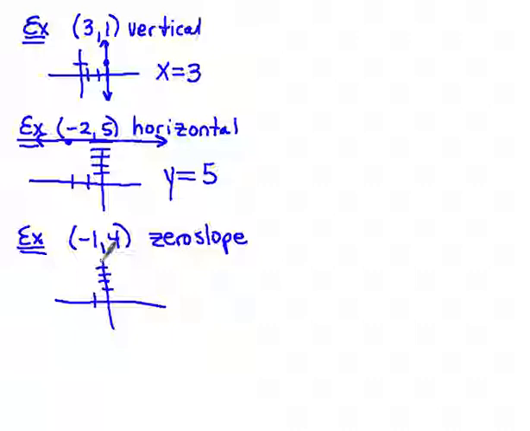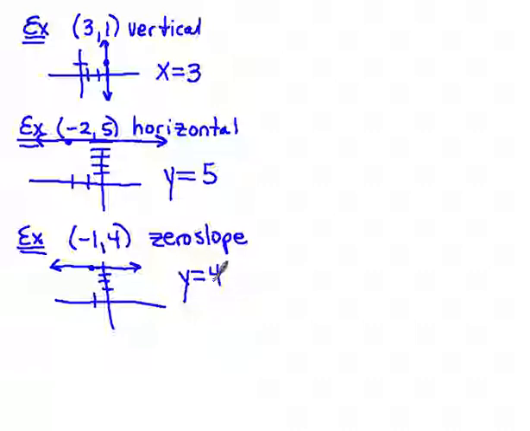Sorry about that. Negative 1, 4 with 0 slope. Now, here's where you have to remember some things. 0 slope means it is not rising, it just keeps running. So, if it's not rising and keeps running, it's a horizontal line. So that we know through the point negative 1, 4, it is a horizontal line, which means that it crosses the y-axis. And where does it cross the y-axis? It crosses it at 4, so we have y equals 4.